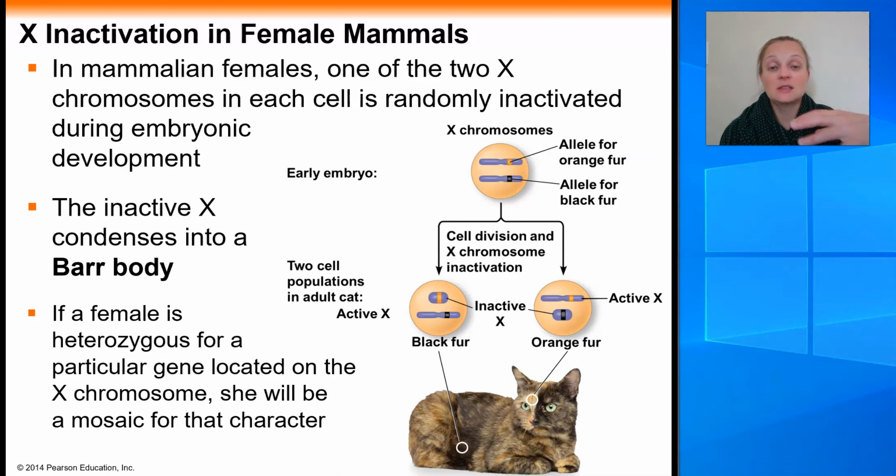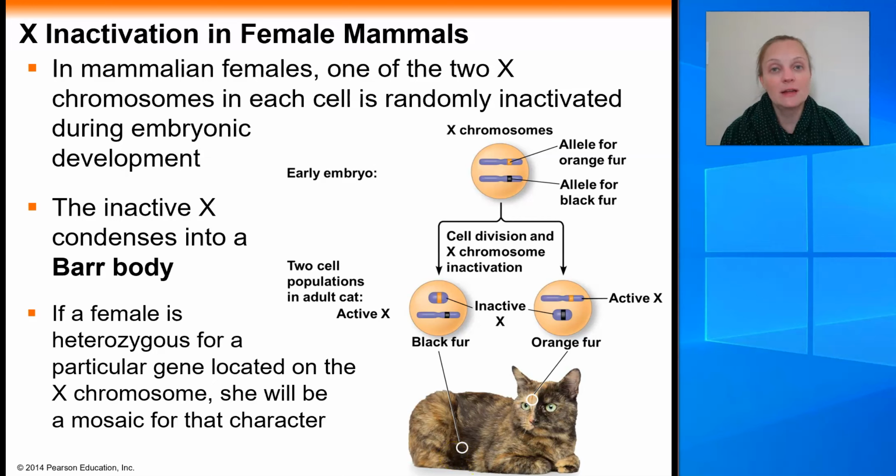And then as the cells continue to divide, they'll give rise to different parts of the body of this cat. And so anywhere on the cat where you see orange fur, the cells underlying that fur have inactivated the X chromosome with the black fur allele. Any place in the cat where you have the black fur, the opposite has happened.